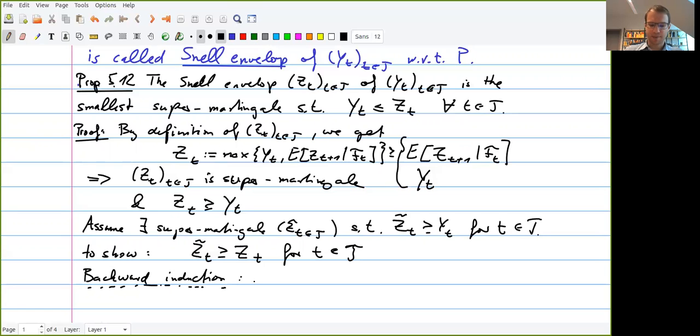Because if we look at the terminal time capital T, we know that z tilde at time T dominates y at T, because it's a supermartingale dominating the process y. And by our construction of the Snell envelope, z at time T is identical to y at T. So at the terminal time, the Snell envelope is indeed the smallest supermartingale dominating y.